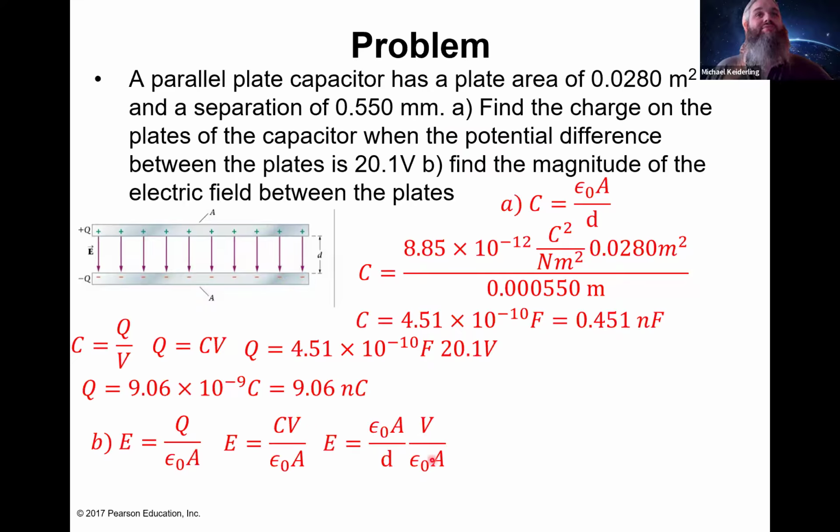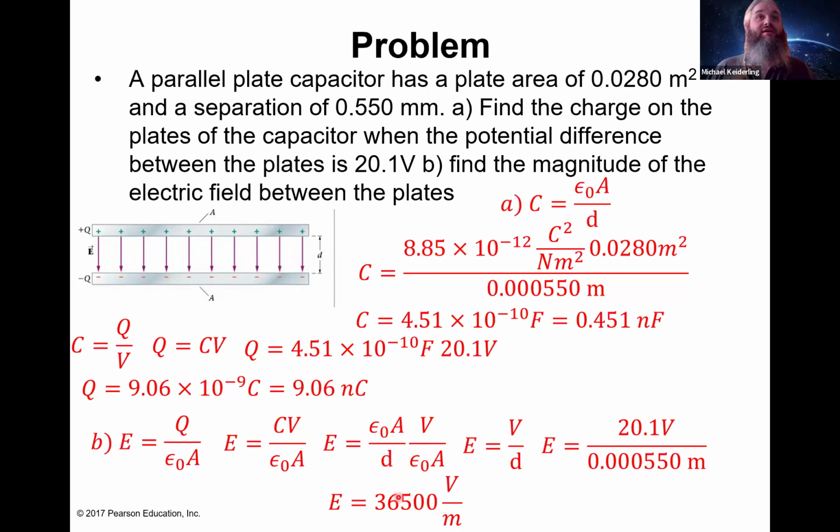Oh, this is from Gauss's law. The electric field ends up being voltage over distance. So 20.1 volts divided by 0.00055 meters is 36,500 volts per meter.